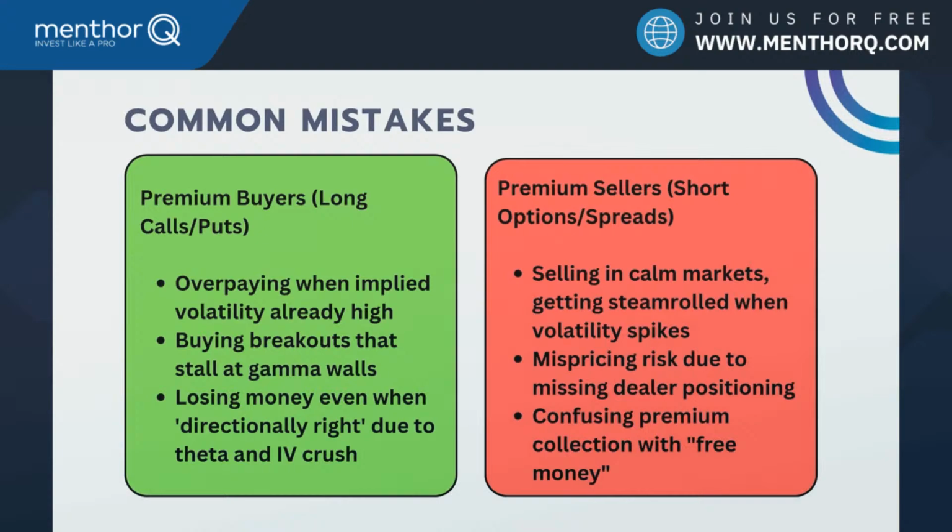If you are selling options in a calm market, you might not be looking at how volatility can change. So you might be mispricing the risk because you don't look at dealers' positioning. You're confusing premium with free money. And again, there's no free money. Most option traders look at charts and don't look at the option chain and dealers' positioning in detail.